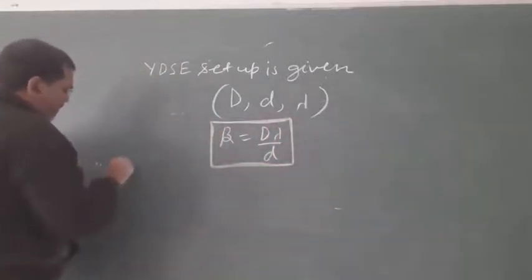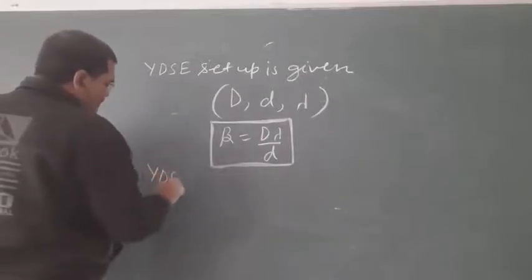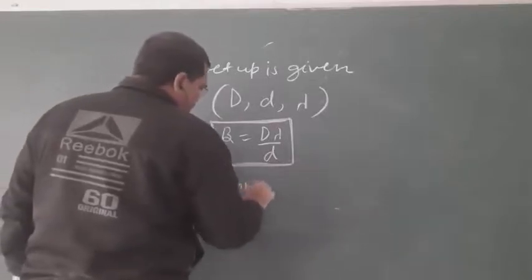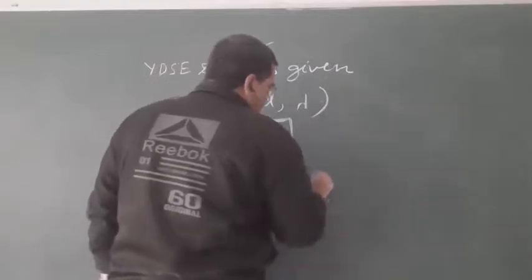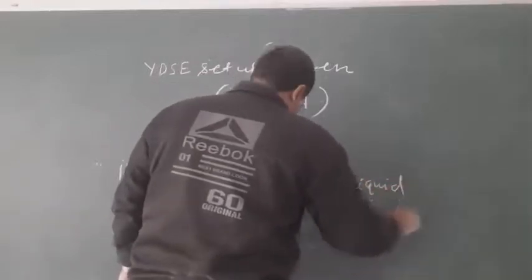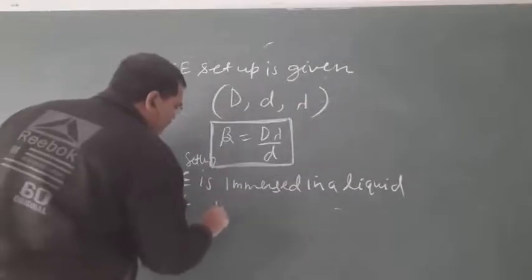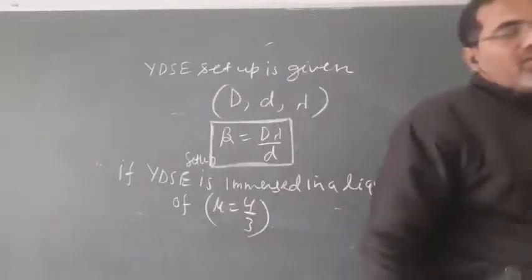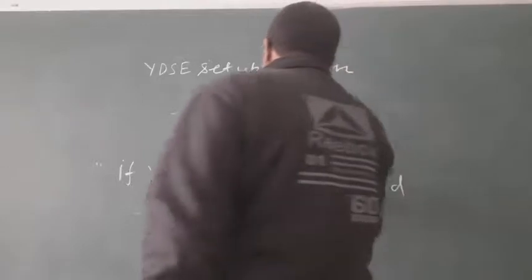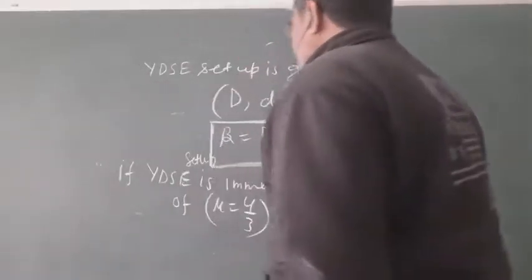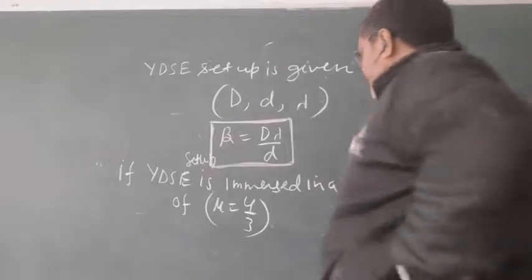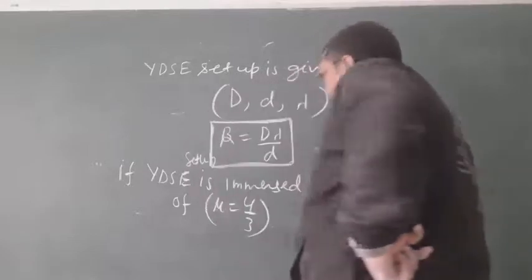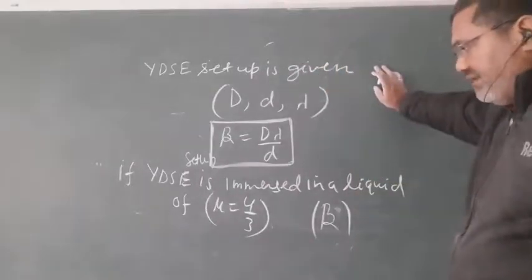So find out, if the YDSE setup is immersed in a liquid of refractive index mu equal to 4 by 3, which is also known as optical density, then find the new beta, or you can say what will be the fringe width in the liquid.